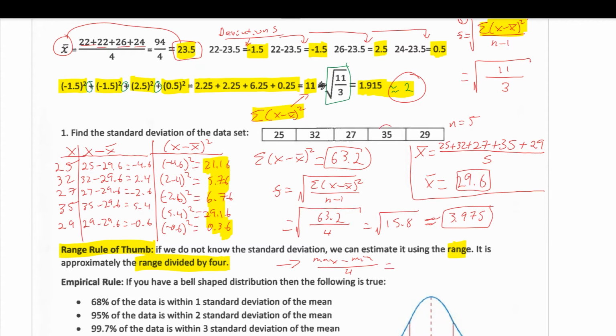The maximum was 35, the minimum was 25, so 35 minus 25 over 4, that's 10 in the numerator, divided by 4 is 2.5. It's a little subjective to see that these are approximately the same. 2.5 and 3.9, they're fairly close. It gives you a ballpark, so it's not perfectly accurate, obviously.